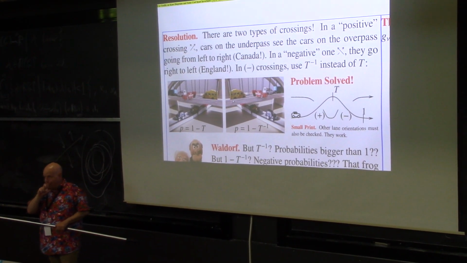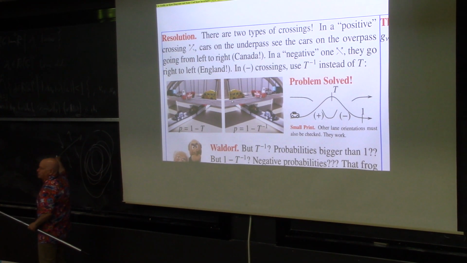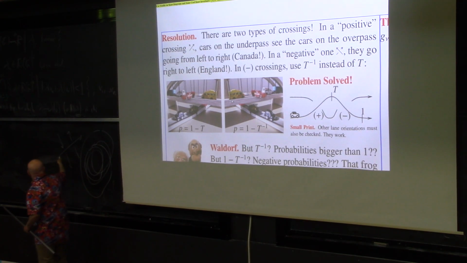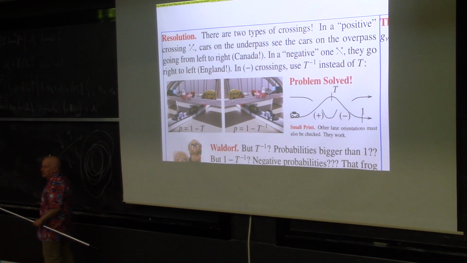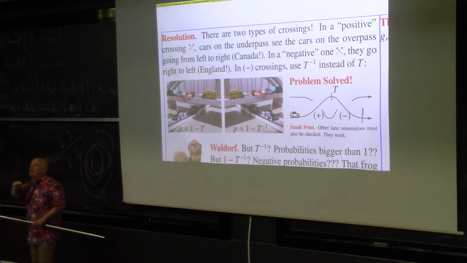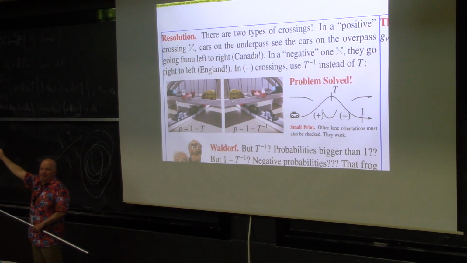But there is a resolution, and the resolution is to separate between the two types of crossings. Somebody before asked me about this: in fact, there are two types of crossings. In a positive crossing, if you are looking up from the underpass, the traffic you see above you moves from left to right.